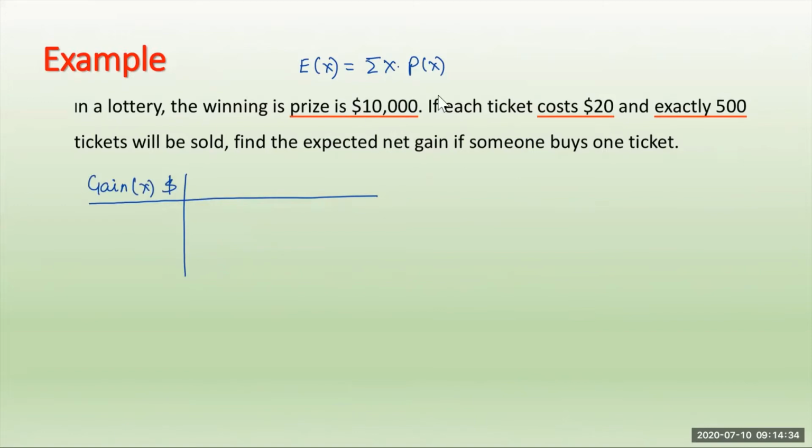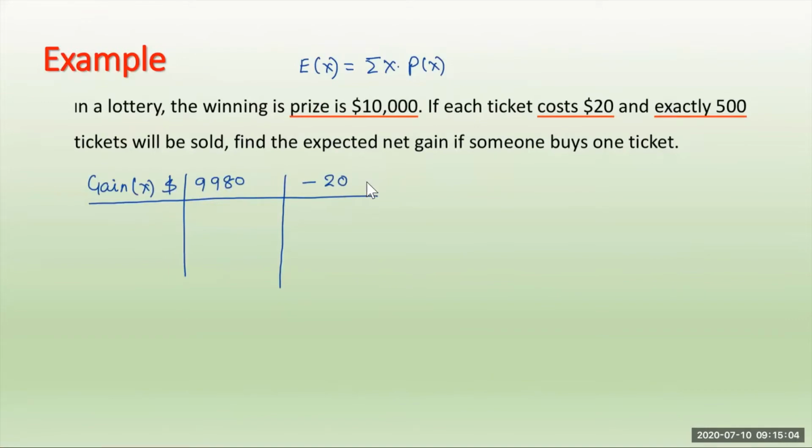So it will be 10,000 minus 20, which is $9,980. That will be the gain. So only one gain, and everybody else will have a loss. They will lose $20. Loss means minus 20. Okay, so somebody will gain $9,980, and everybody else will lose $20.